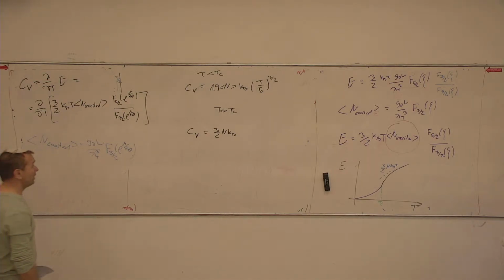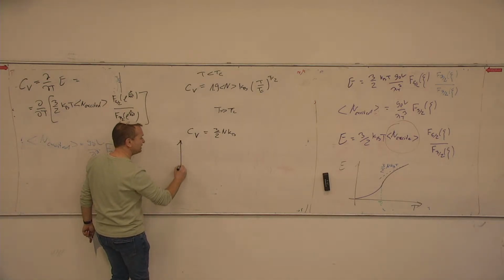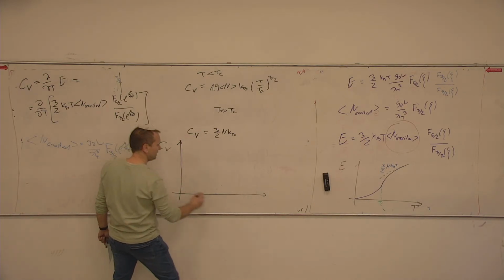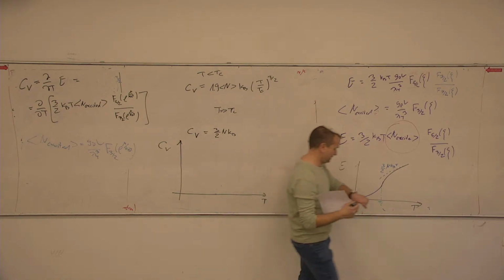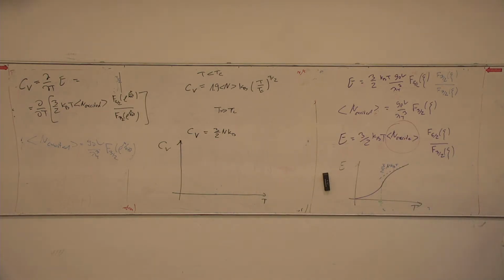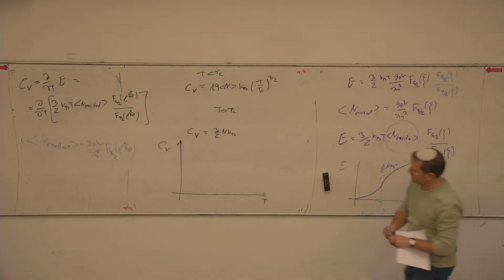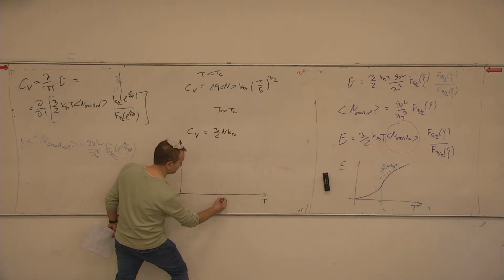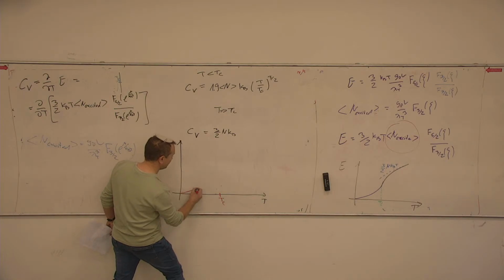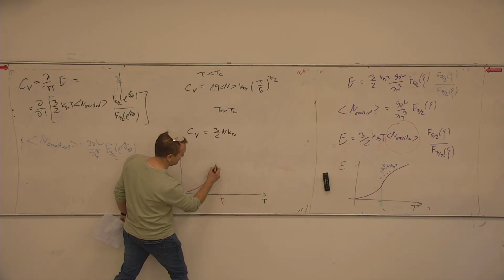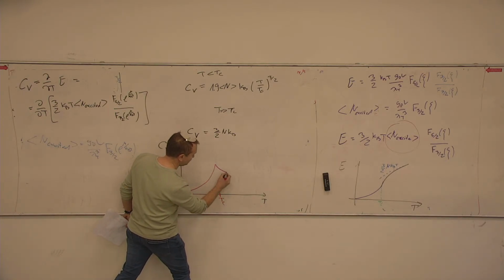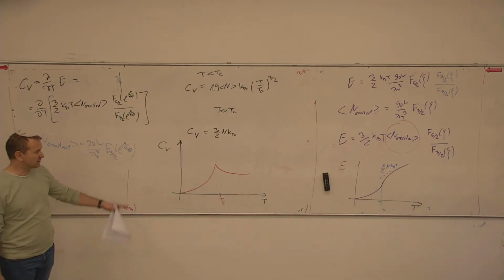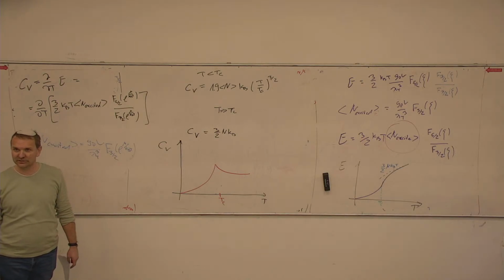Okay, and this is how it started. This is CV, this is T. And it looks like this. At Tc, it goes up, and then it goes down. Somehow it reminds people of the Greek letter lambda.